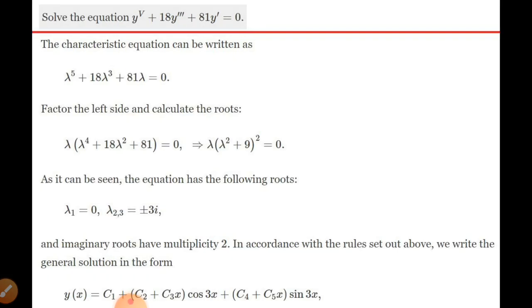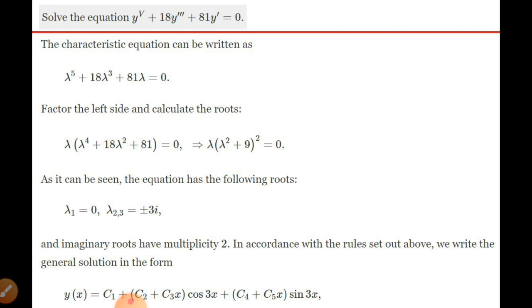In this question we have a fifth order differential equation. If we put lambda corresponding to each derivative, we can write the characteristic equation as lambda to the power 5 plus 18 lambda cube plus 81 lambda equals 0.